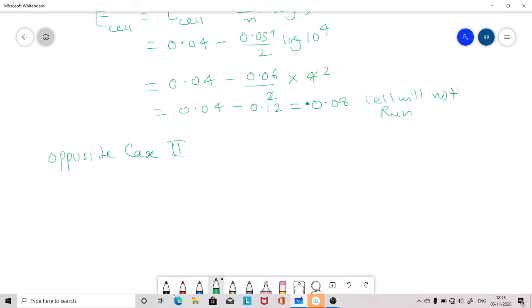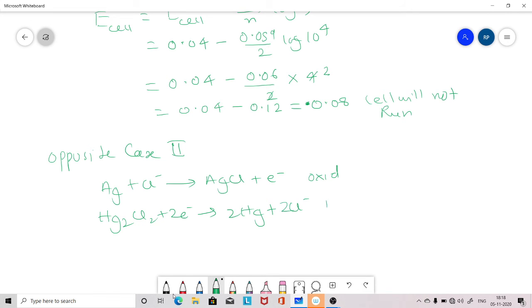In this, Ag plus Cl ion gives AgCl plus electron, so that is your oxidation, and mercury will be reduced: Hg2Cl2 plus 2 electrons gives 2Hg plus chloride ion, so that is your reduction.